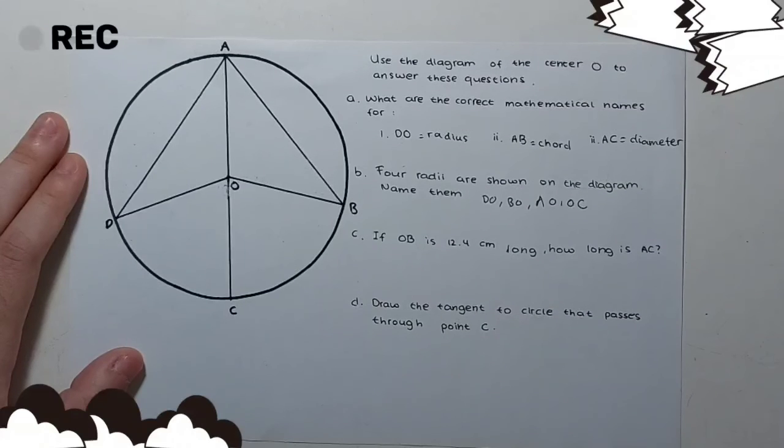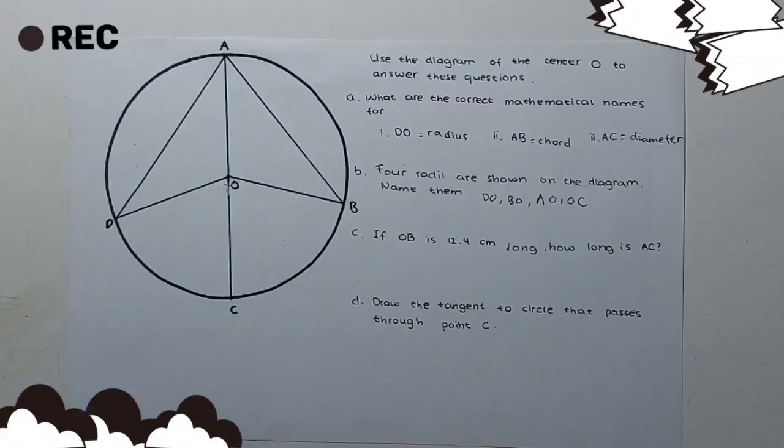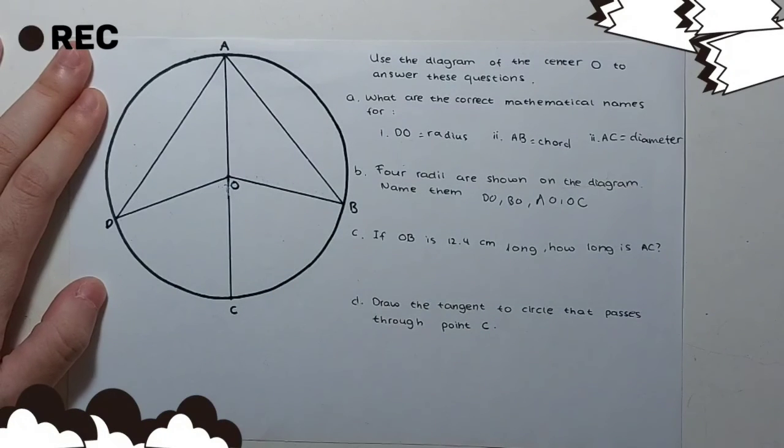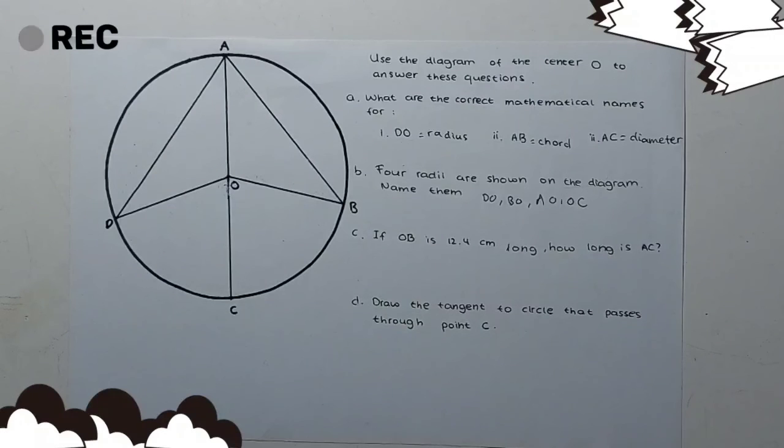And then C. If OB is 12.4 centimeters long, how long is AC? So we know that OB is a radius, and the radius is half the diameter, which also means the diameter is 2 times the radius.